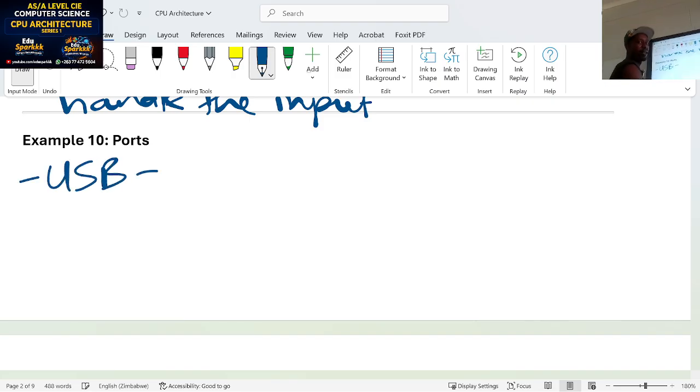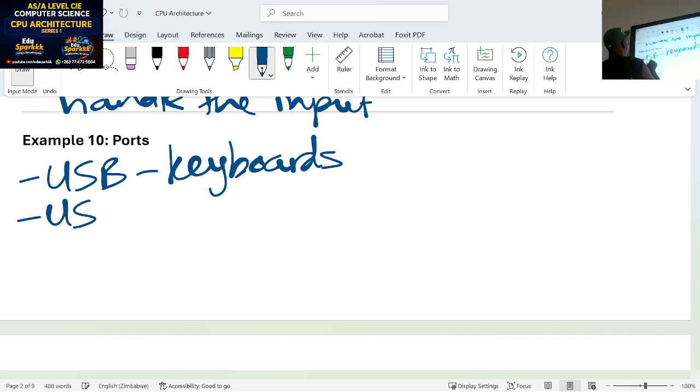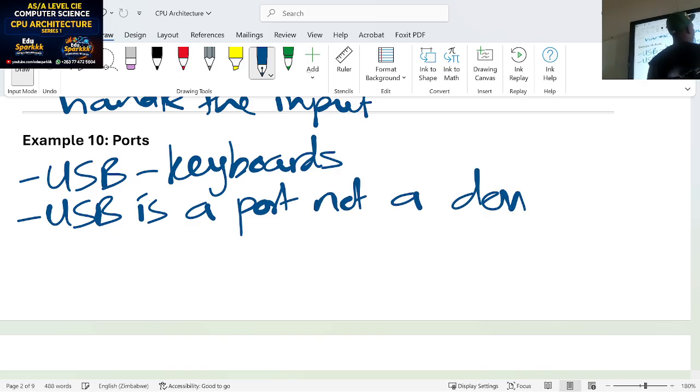This is a connection which helps the CPU to interact with keyboards and USB drives themselves. So one thing to note is USB is a port, not a device. So it's something key to note.